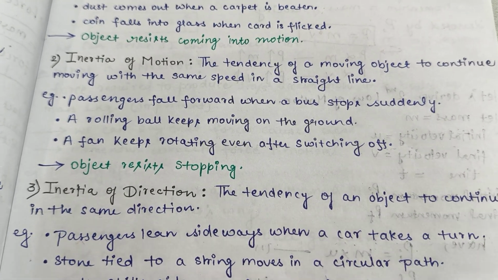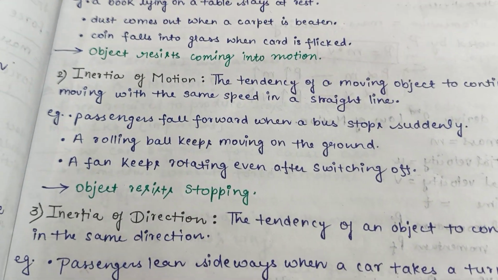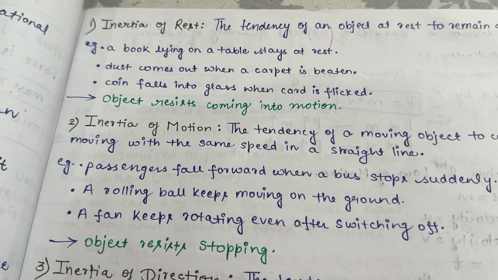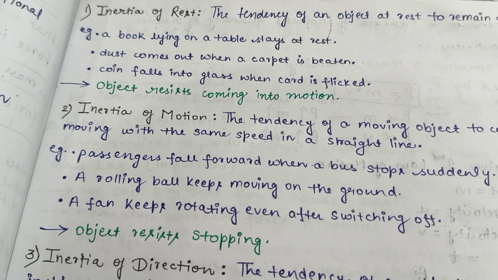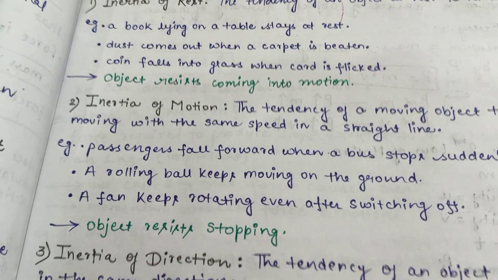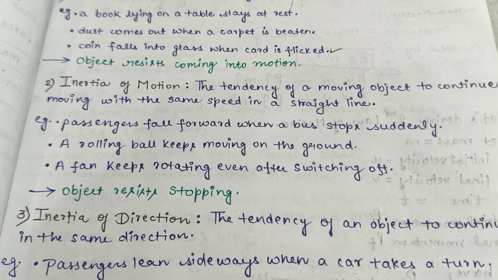It will not go with the card. It will fall into the glass, and this shows the inertia of rest. The inertia of the coin was to retain its position. It was at rest, so it will not come into motion. And this is the best example from my point of view.